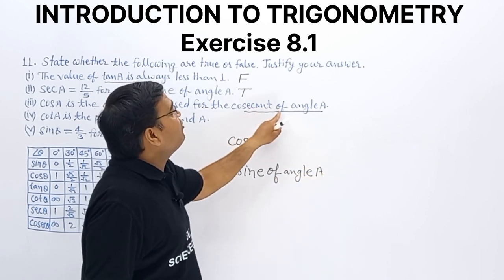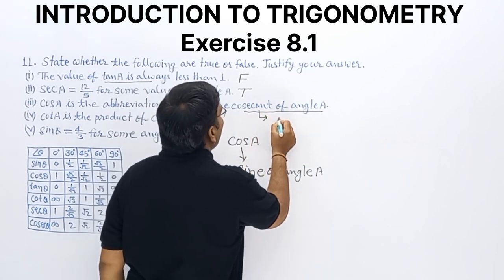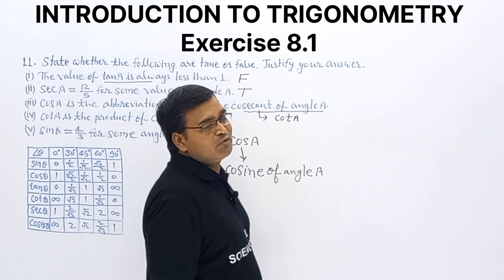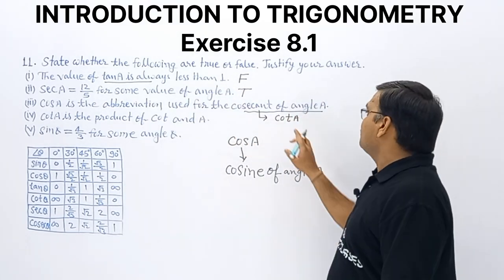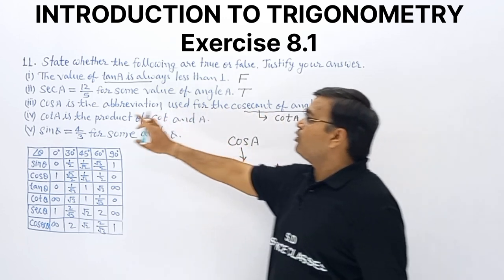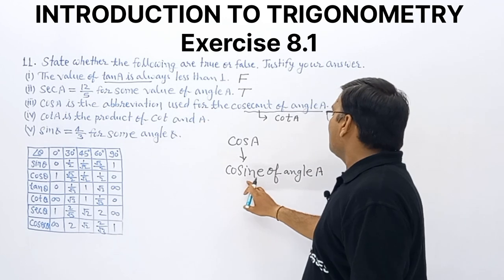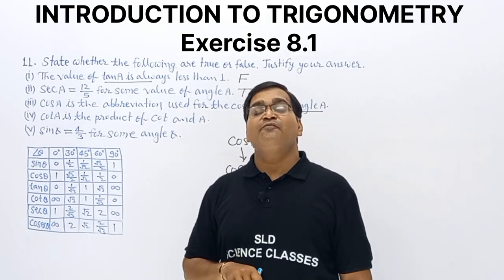Clear? Cosecant of angle A, its abbreviated form is what? It means cosec A, not cos A. We want cos A, but it is the abbreviation of cosine of angle A. So this one is true or false? This is false.